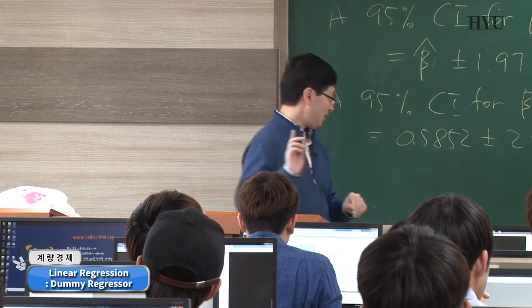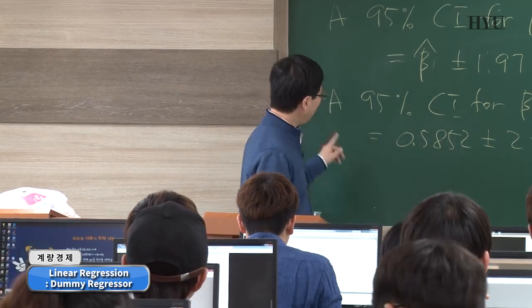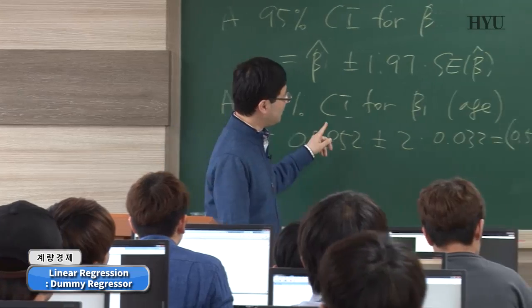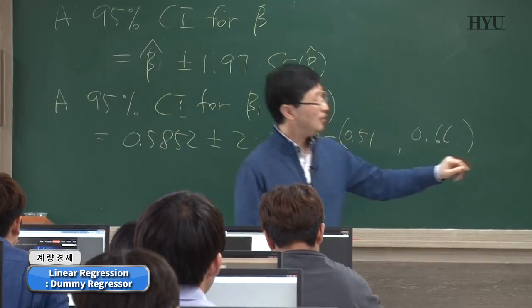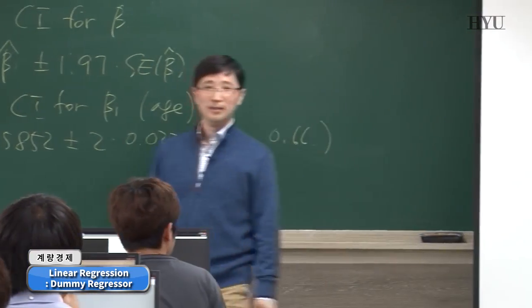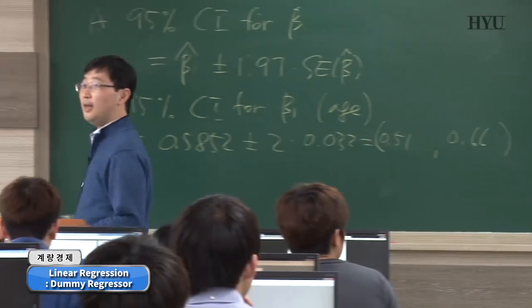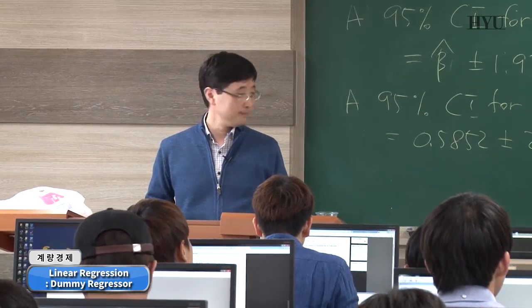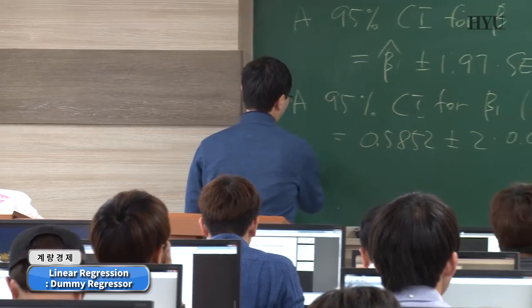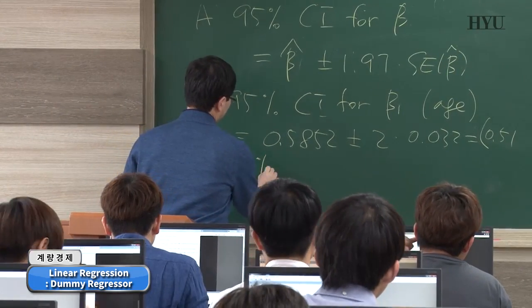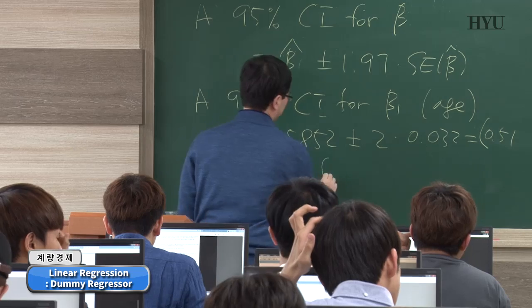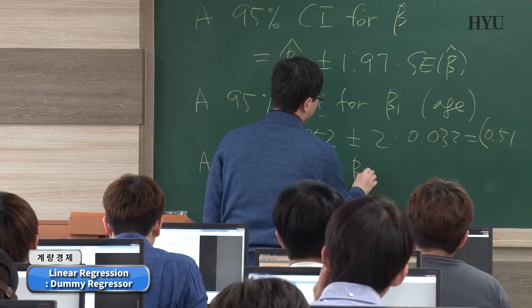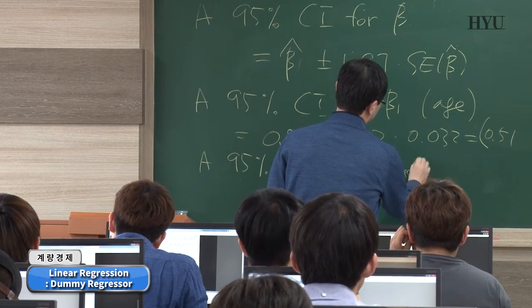Okay? Now let me give you an exercise. Can you write down the 95% confidence interval for the college degree? It's a part of your problem set. So what is a 95% confidence interval for beta 3 for bachelor degree?